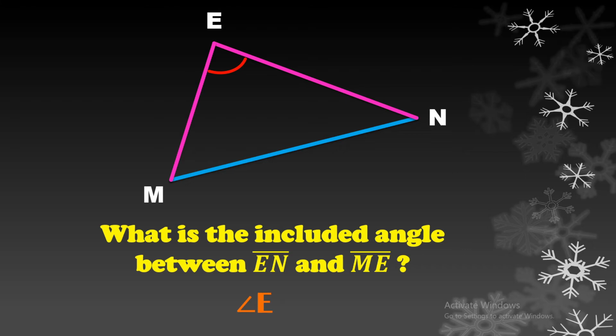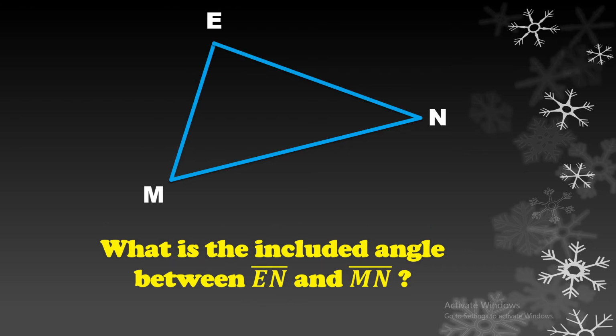Okay. The vertex is simply the common letter in the names of those two given segments. So in here, segment EN and segment ME, the common point is E. Therefore, E is the vertex of the included angle between those two segments.